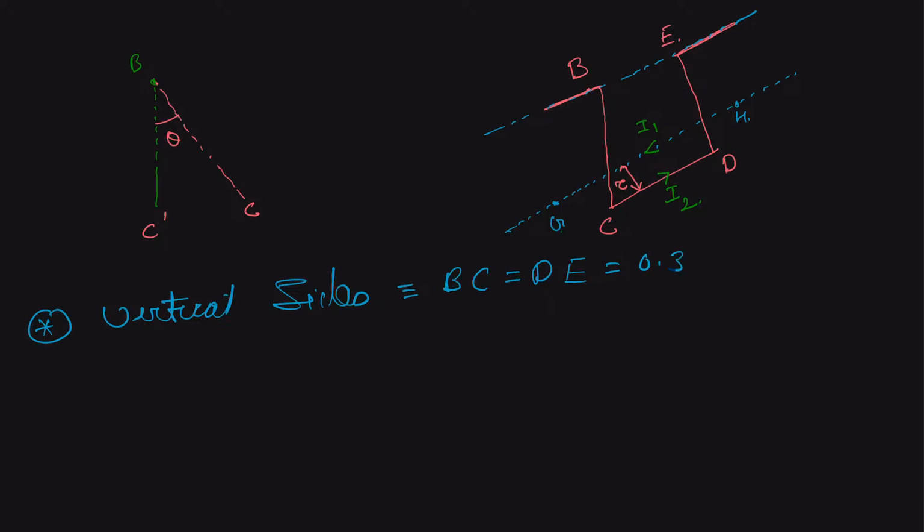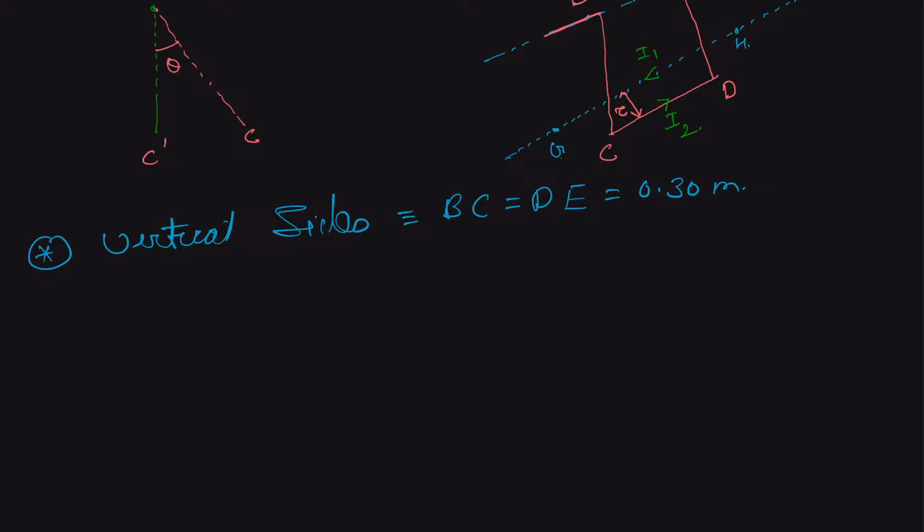So we can write this as 0.30 meters. And we are having a bottom side, that is CD. Bottom side is given as 15 centimeter, so that will be 0.15 meters.